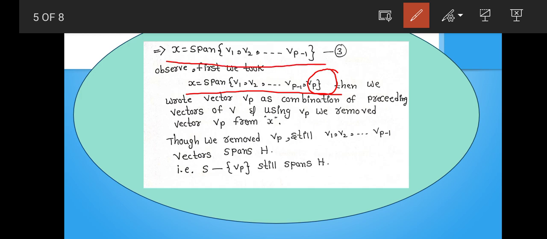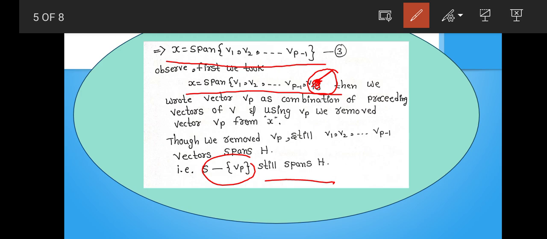Using v1, v2 up to vp minus 1, we get the vector space H. So though we removed vp from the set S, v1, v2 up to vp minus 1 still spans H.